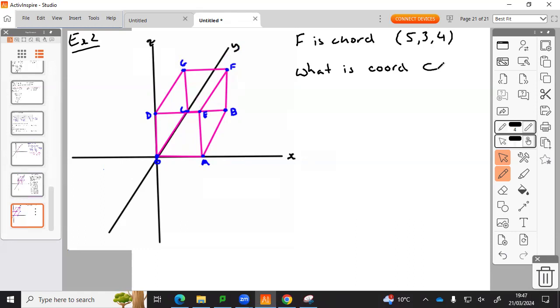So you need to find coordinate F. Coordinate F is 5, 3, 4. So I'm along the x-axis 5, I'm back on the y-axis 3, and I'm vertical up 4.